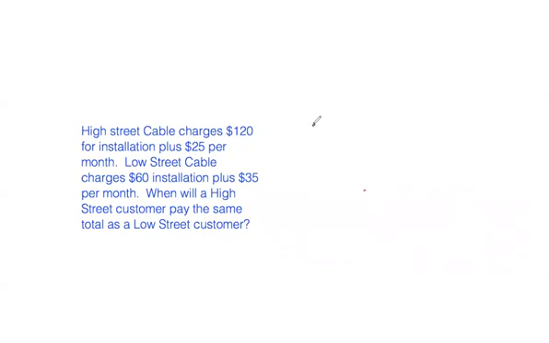Well, we could make a table for each one, and we could put month and cost, or dollars, on both of them and work that out. So in month 1, we're going to have 120 plus 25, or 145.